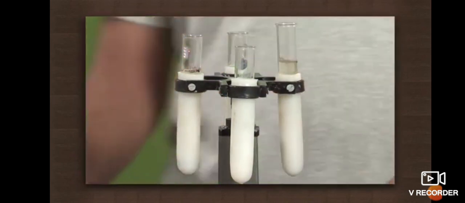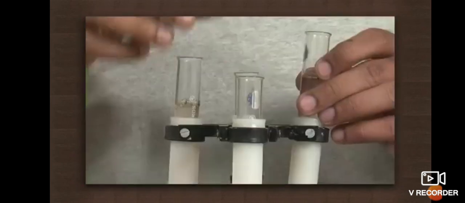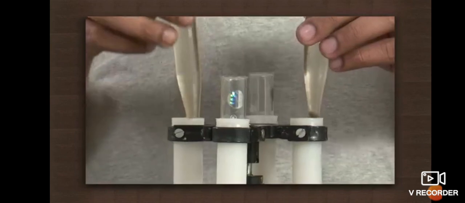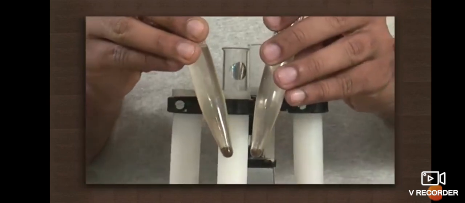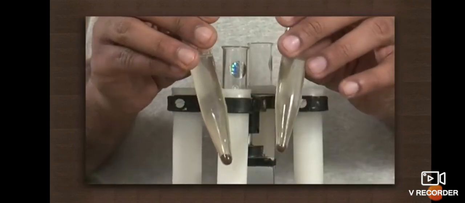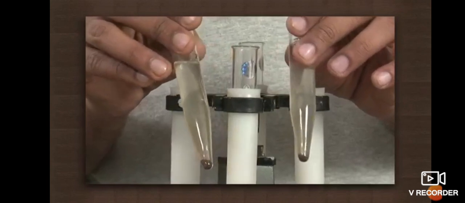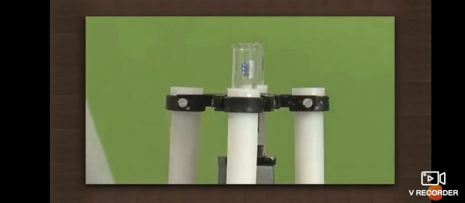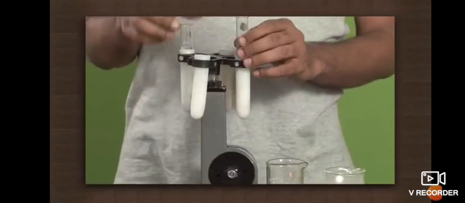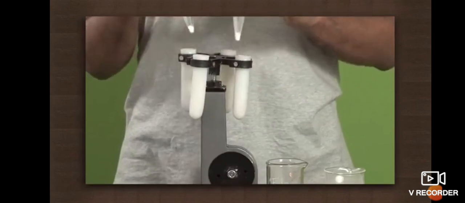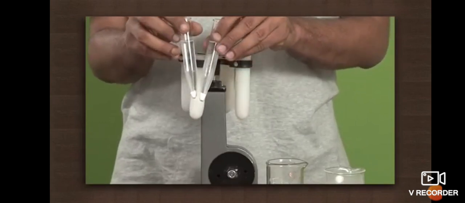Remove the test tubes and observe. We see mud particles and white precipitate have settled in each of the test tubes. So, in this way, the centrifugation process is done.